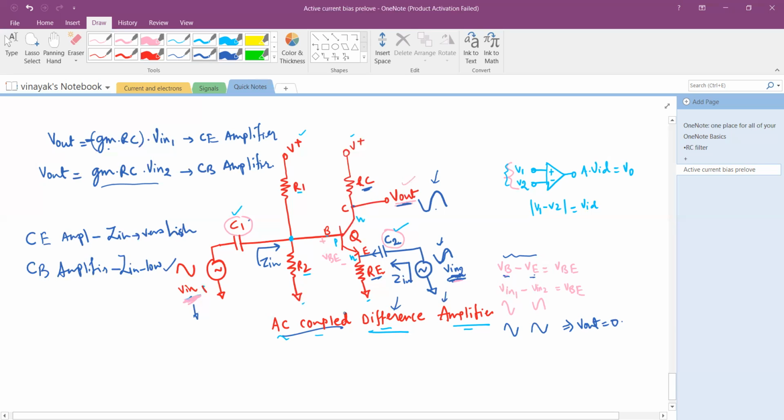So there is a way to utilize these properties of the common emitter, high input impedance, and common base, low input impedance. I hope you understood the concept of how a single transistor can be used as a difference amplifier.